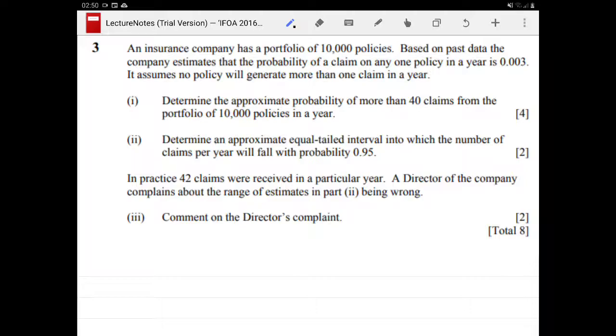Part 1: determine the approximate probability of more than 40 claims from the portfolio of 10,000 policies in a year. Part 2: determine an approximate equal-tailed interval into which the number of claims per year will fall with probability 0.95. Then in practice, 42 claims were received during a particular year. The director of the company complains about the range of estimates in part 2 being wrong. Comment on the director's complaint.